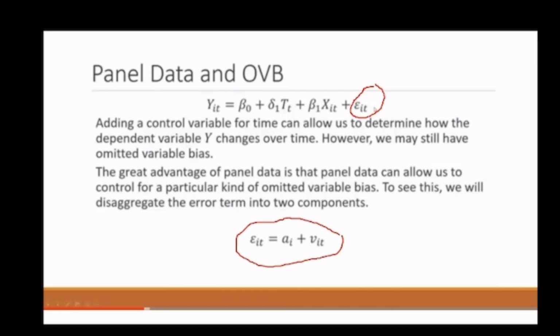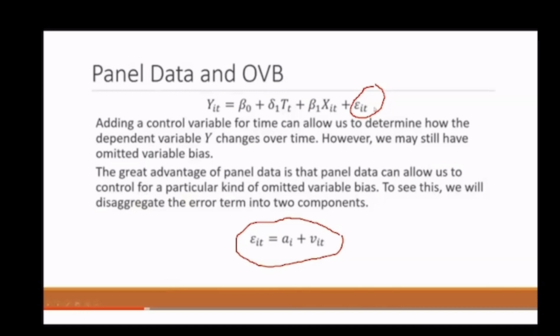There's going to be one unobserved that doesn't vary over time, and another unobserved that varies over time. Now alpha_i is an unobservable that doesn't vary over time, only varies across the cross-sectional units. While v_it is the one that varies over time and also varies across the cross-sectional units.